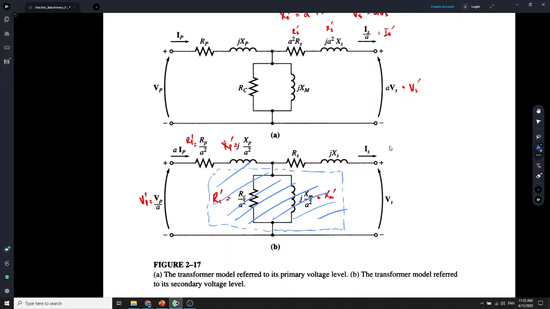So we can add this R with this R, and the X with the X.